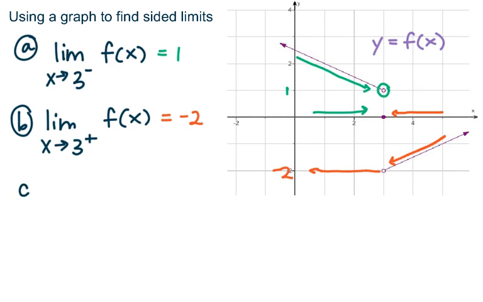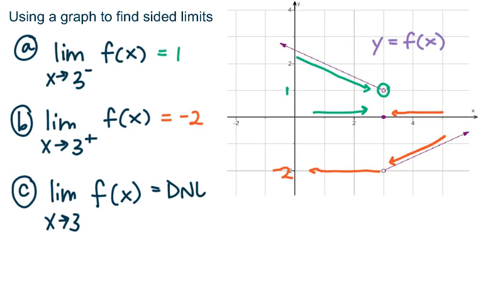So further, we could say the limit as x approaches 3 of this function does not exist. And the reason it does not exist is because the left-hand limit and the right-hand limit do not match.